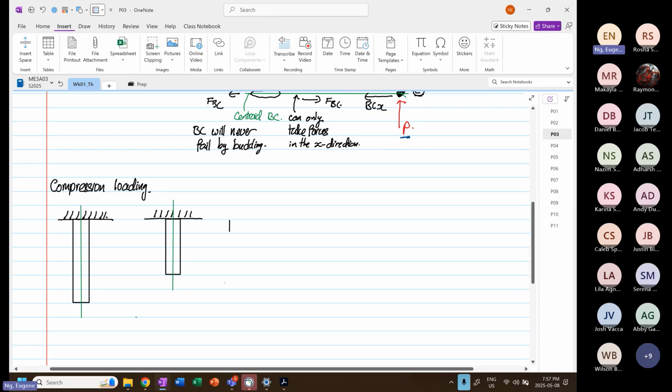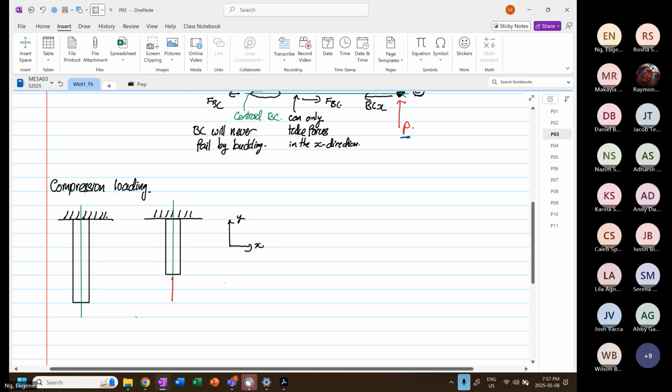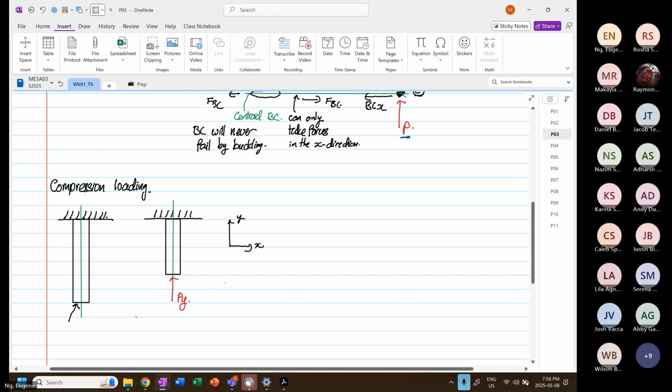Then we have our transformation over here, then we have a load. And over here we have A, which corresponds to our cross-sectional area.